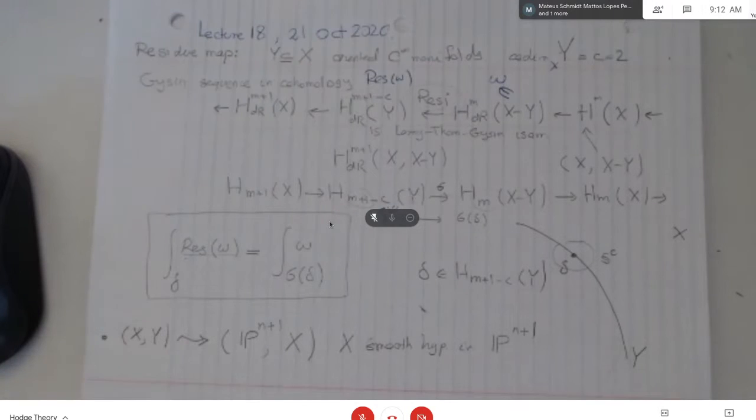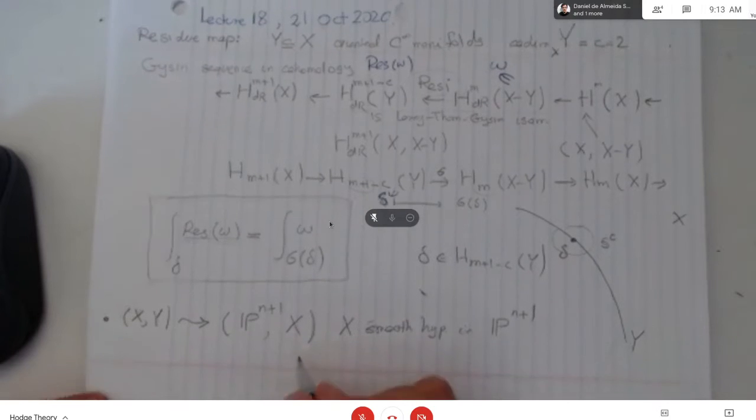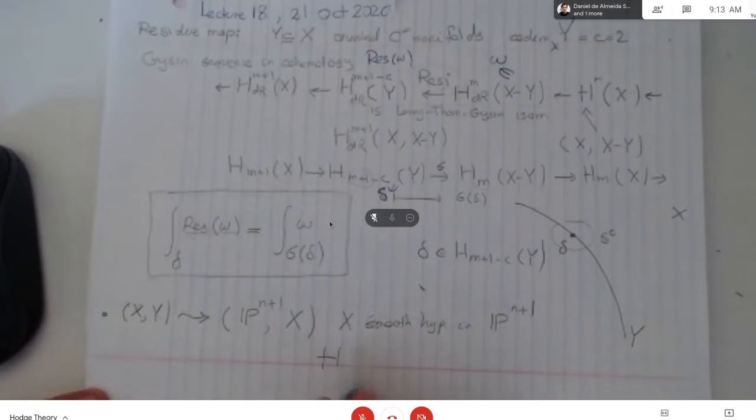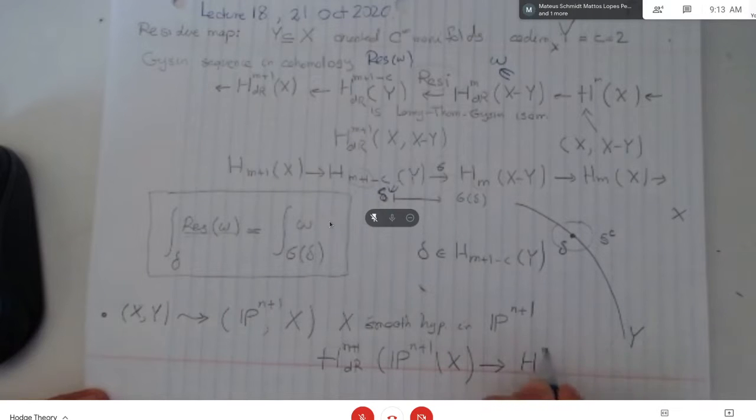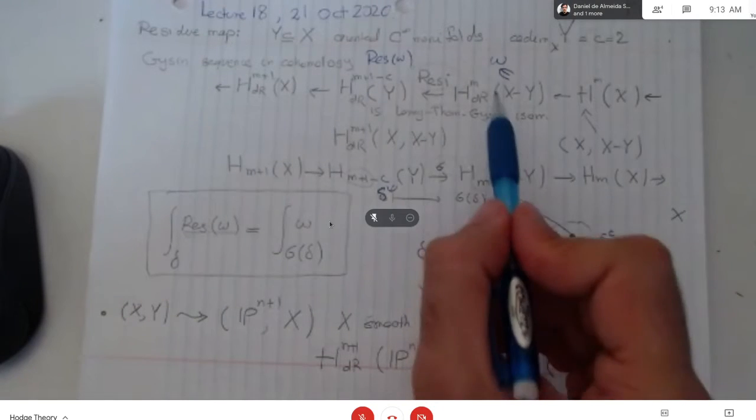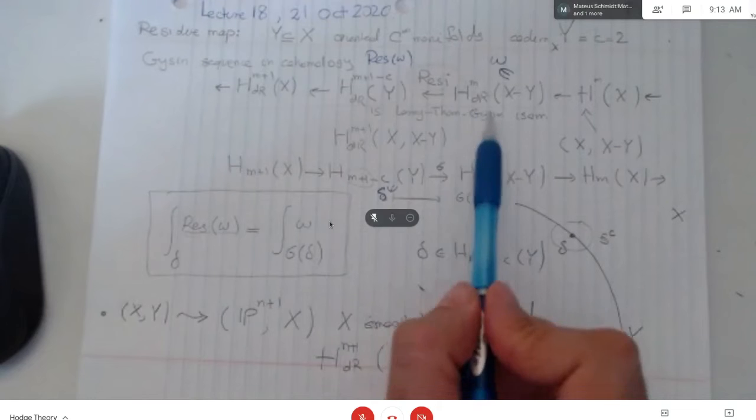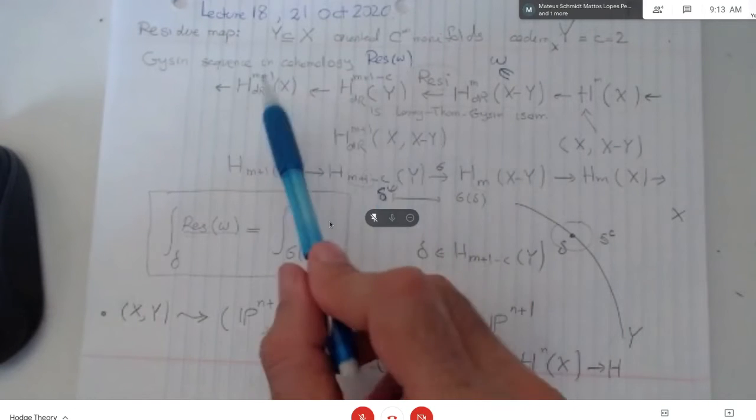So today I will repeat a little bit of what I did in the previous lecture. So maybe again write down the long exact sequence. H^{n+1} de Rham of P^{n+1} minus X, H^n of X. And actually I am writing from here, here, and then here.